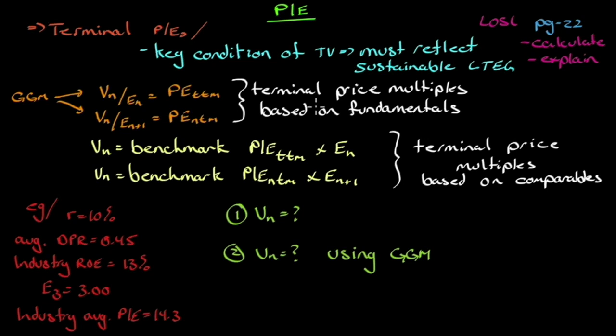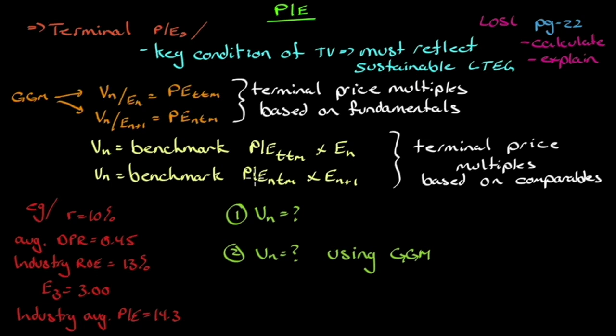For this learning objective, we want to pay attention to these next two lines here. This is arriving at a terminal value by using a benchmark trailing 12-month PE or a benchmark next 12 months PE. So we may find in a particular industry, given a particular growth rate, that a trailing PE or a forward PE of a certain number is the appropriate fair value of that number.